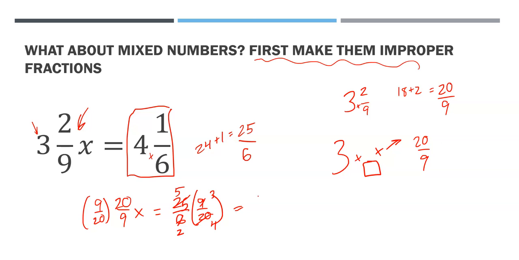So I get 5 times 3 is 15 over 2 times 4 is 8. 15/8. Now you might be saying, should I change my answer into a whole number? It sort of depends on the problem. Sometimes in algebra, improper fractions are actually easier for us to deal with, so I'm fine with you leaving your answer as an improper fraction. X would be 15/8.